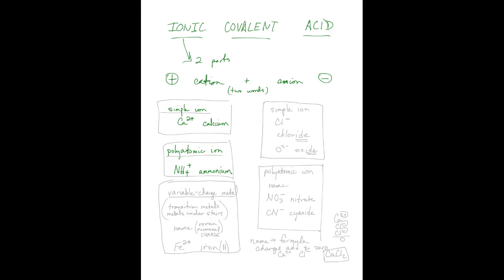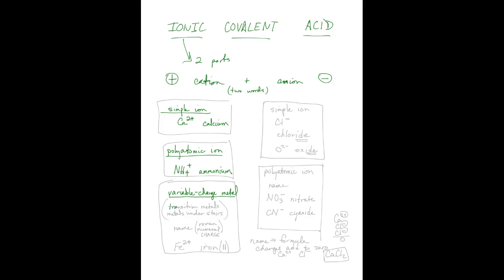The third kind of cation that we can have is a variable charge metal. Now, in order to know what things are variable charged metals, you really kind of have to look it up, but here's a rule of thumb.